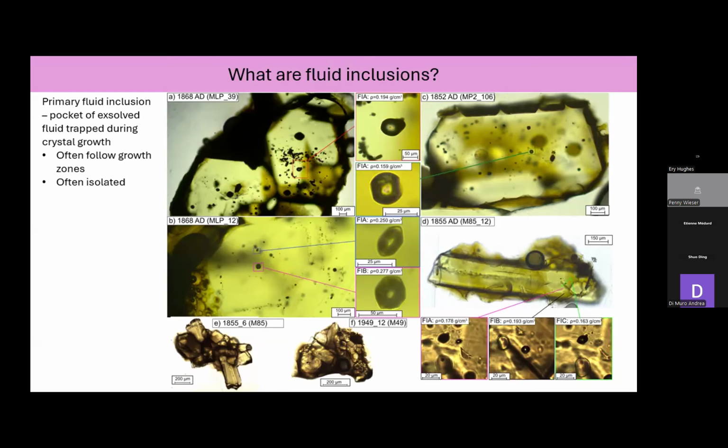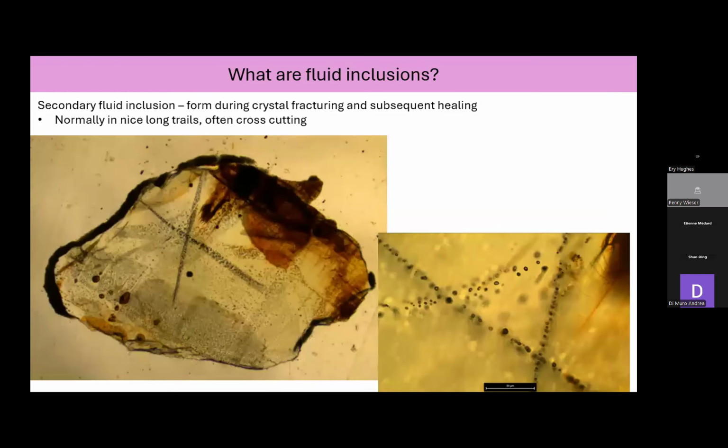So we're going to talk about two types of fluid inclusions. Primary fluid inclusions are those that are trapped during crystal growth. These often occur isolated, so you can see there's just one or two fluid inclusions within these olivines, or sometimes they occur in these nice growth zones that you can see. We then have secondary fluid inclusions, which happen when you fracture a crystal and a fluid cuts across it and then somehow heals up the crystal again.